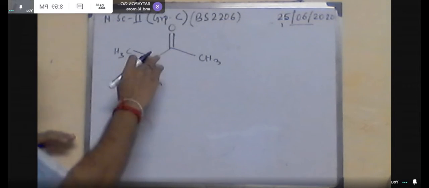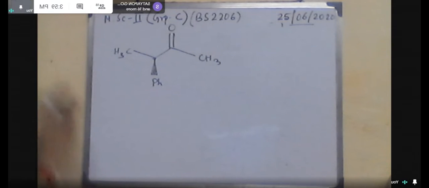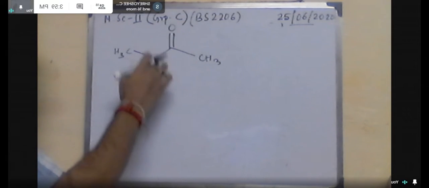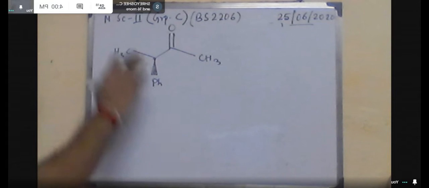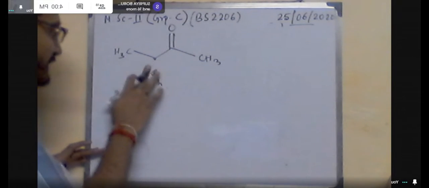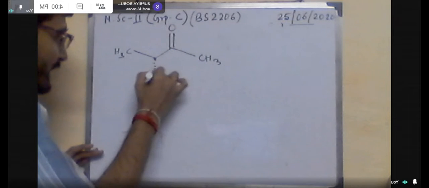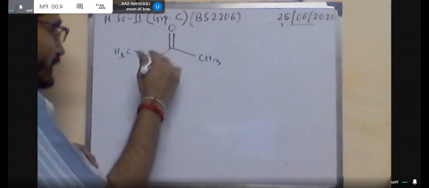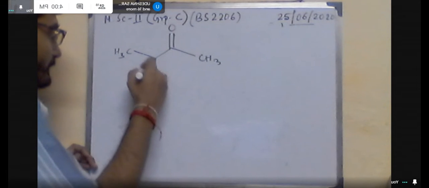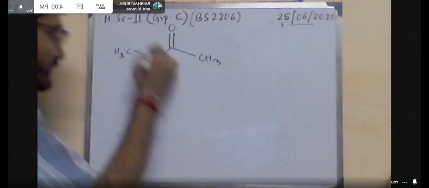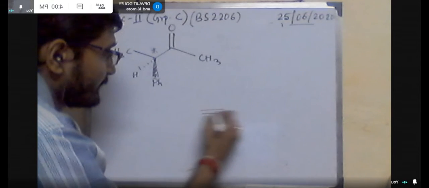This is the C double bond O, this is our chiral center, and in this chiral center you can see the phenyl is on the top of the plane and the hydrogen is on the downward side, and say this is the plane of this ring, or whatever it will be. The other two substituents, the bulky substituent is in the top position and the least bulky substituent is in the bottom position, and this is our CH3 group.